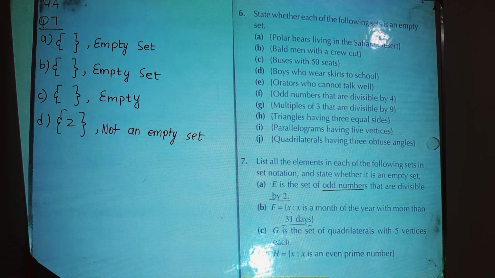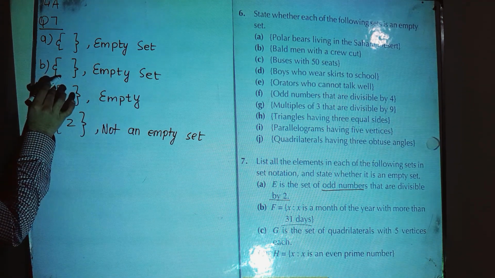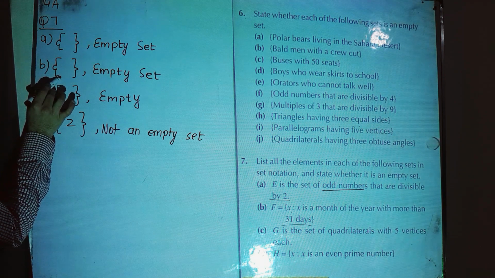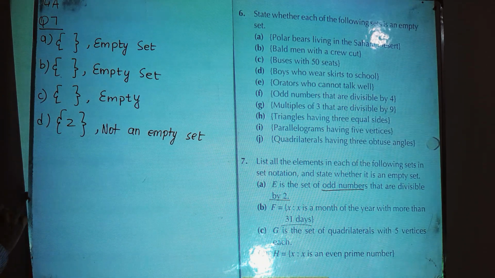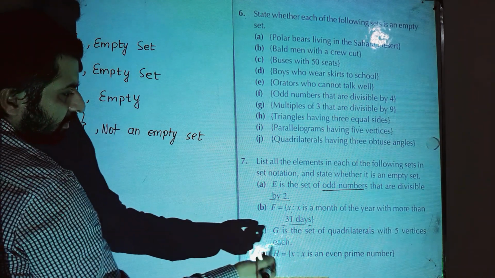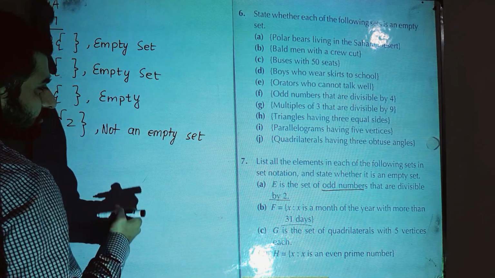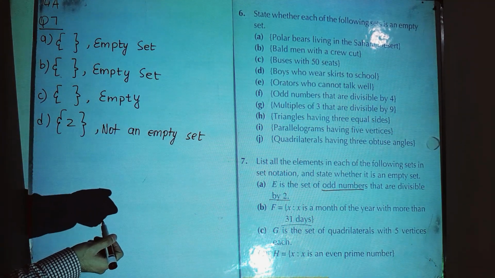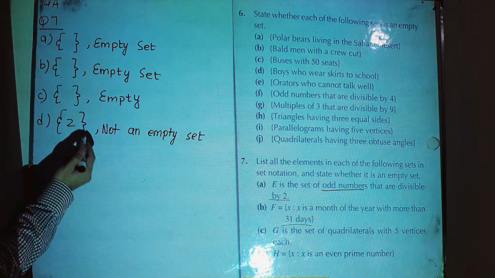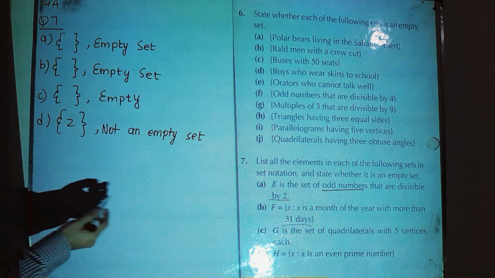The answer is no. So you don't have any month which has more than 31 days. So the answer is empty set. C: G is the set of quadrilaterals with 5 vertices each. And you know quadrilaterals have 4 vertices. So the answer is empty set.